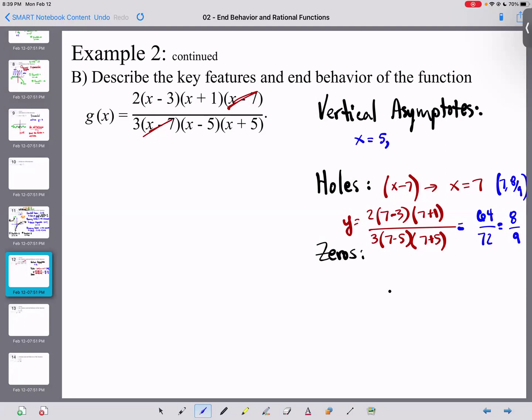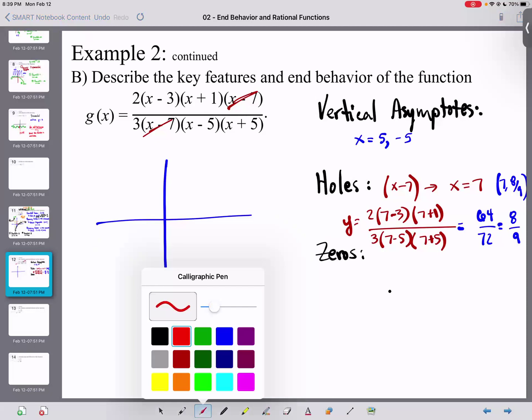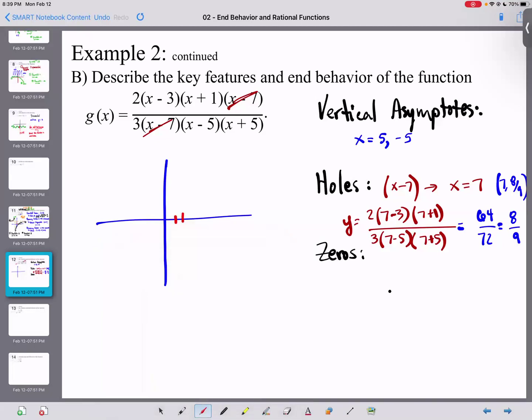And then the x plus 5 becomes x equals negative 5. So we have two asymptotes. That's x equals 5, and there's x equals negative 5.